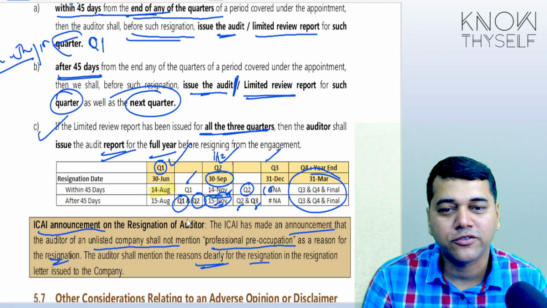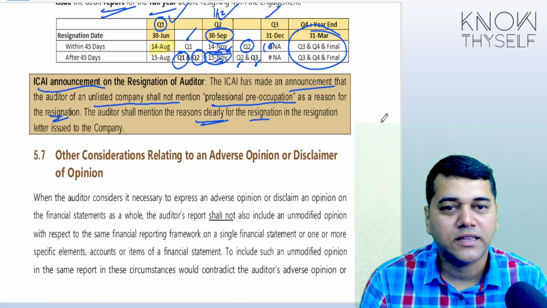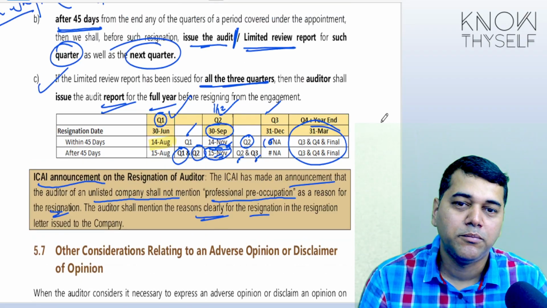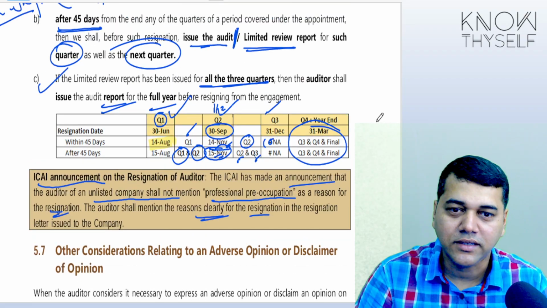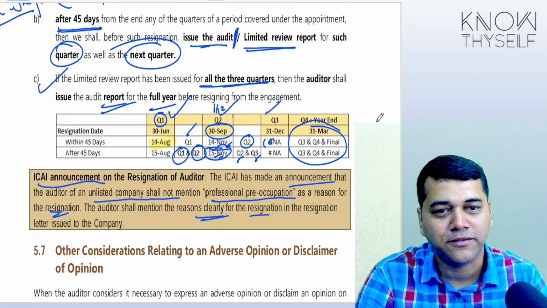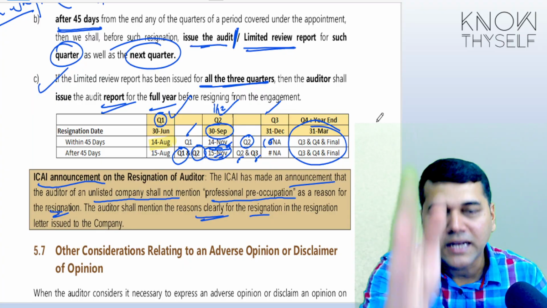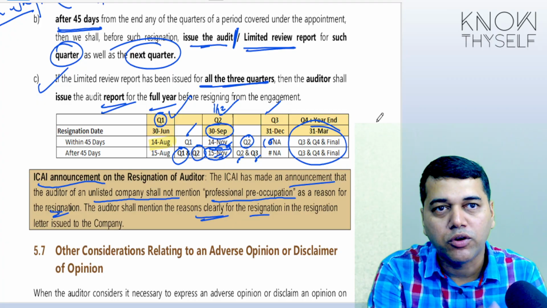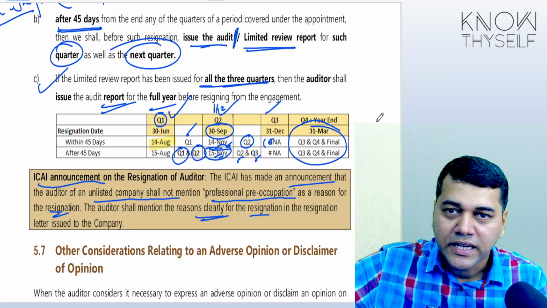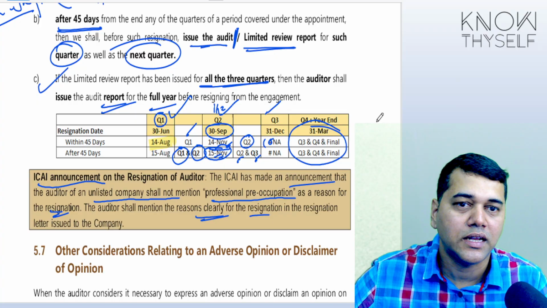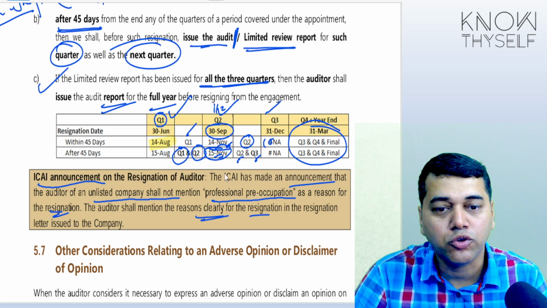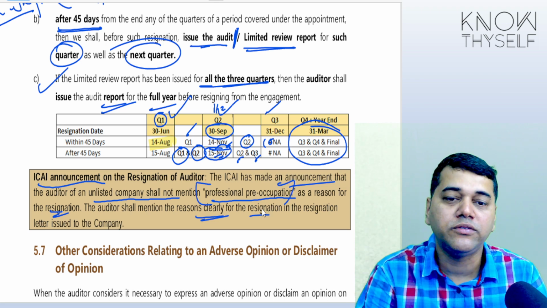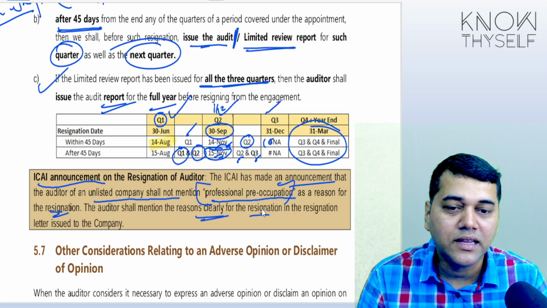Like I also say, I am not able to take the class today because of some personal reasons. That's a very diplomatic way of telling. They say you have to bring clarity on why you are not able to conduct the audit, why you want to get out of this audit, so that at least the incoming auditor has that idea. Don't be too diplomatic and don't say professional preoccupation. Tell the real reason.